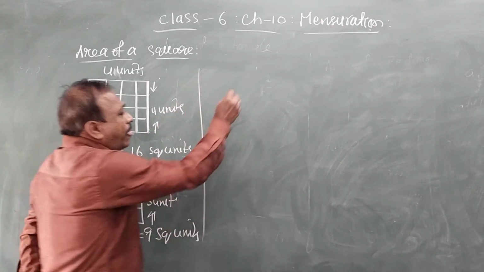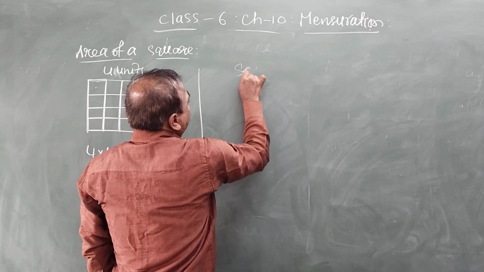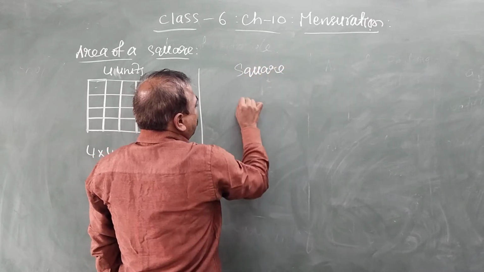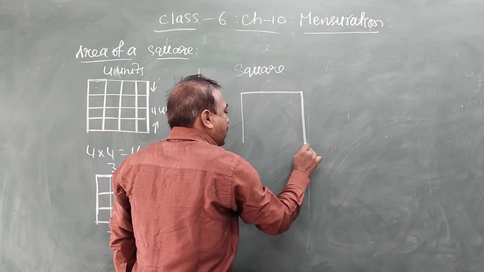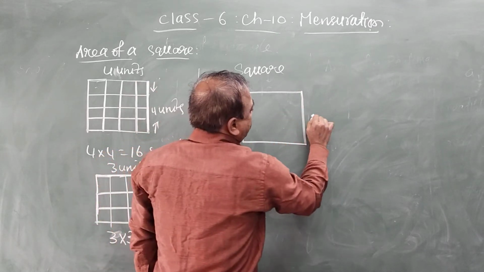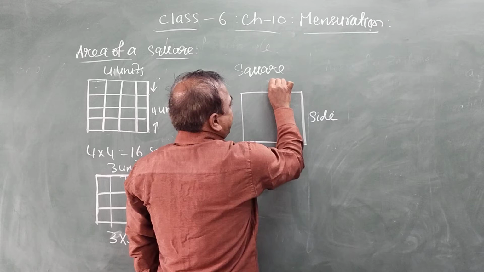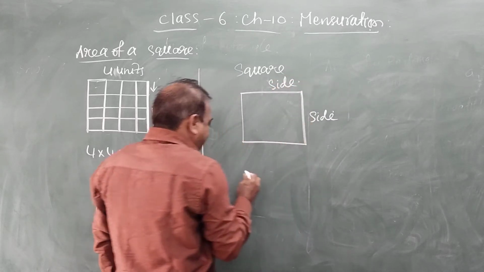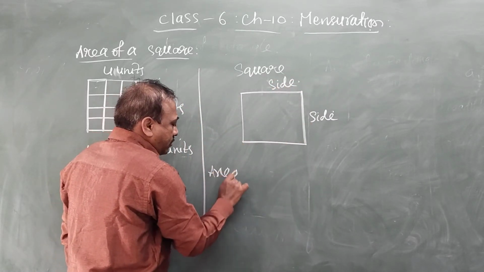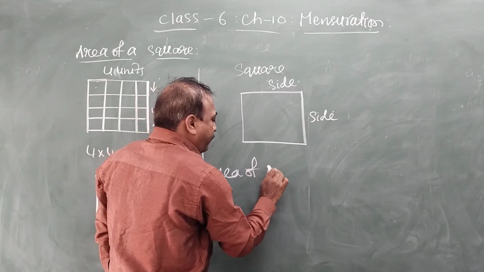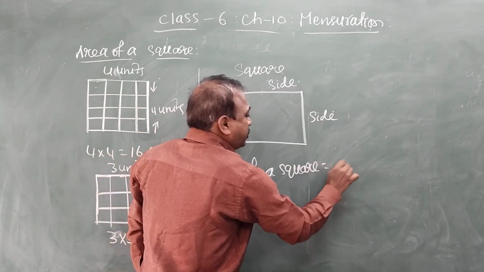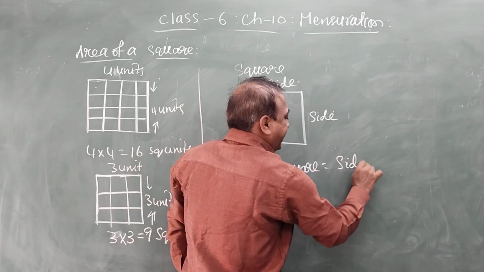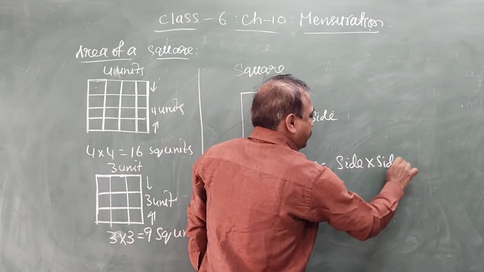Now, square. All sides are equal, as we know. Area of a square is equal to side into side.